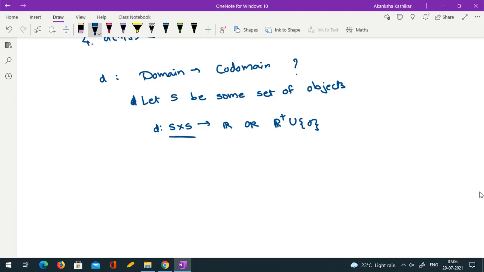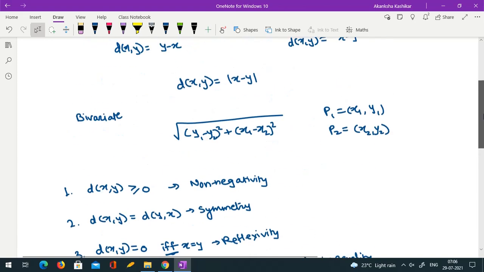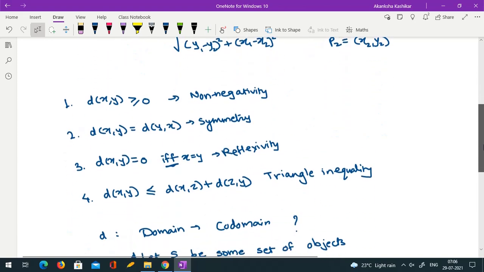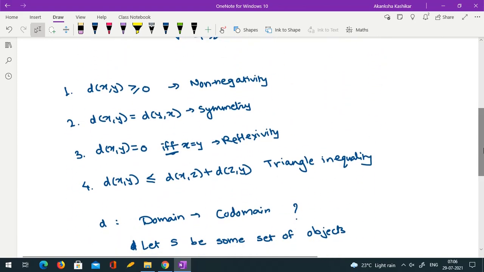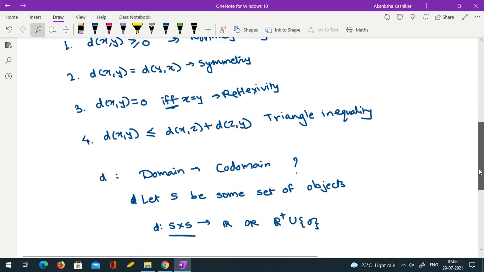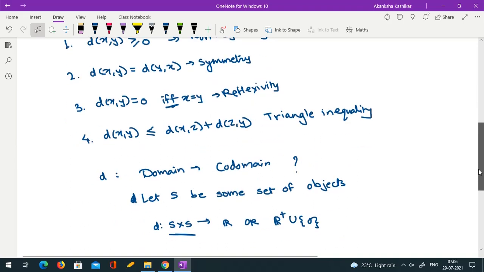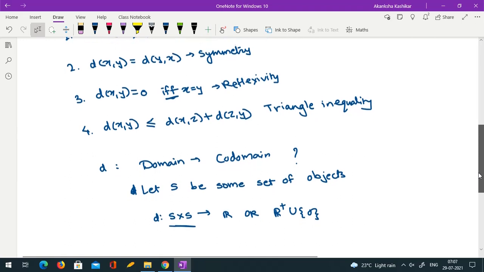The distance function is defined on this, and then we have those four properties: reflexivity, that is distance xy is 0 if and only if x is equal to y; then symmetry, that is distance xy equals distance yx; then non-negativity, distance xy is greater than or equal to 0; and triangle inequality.